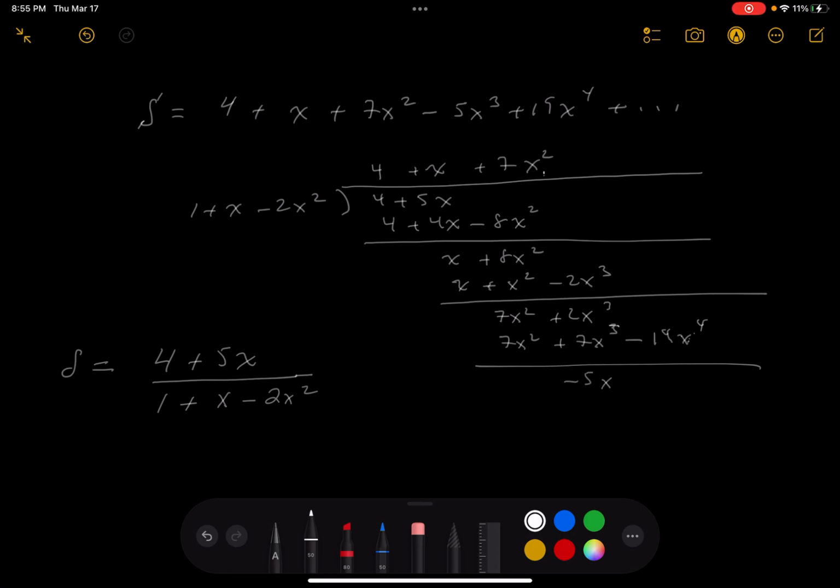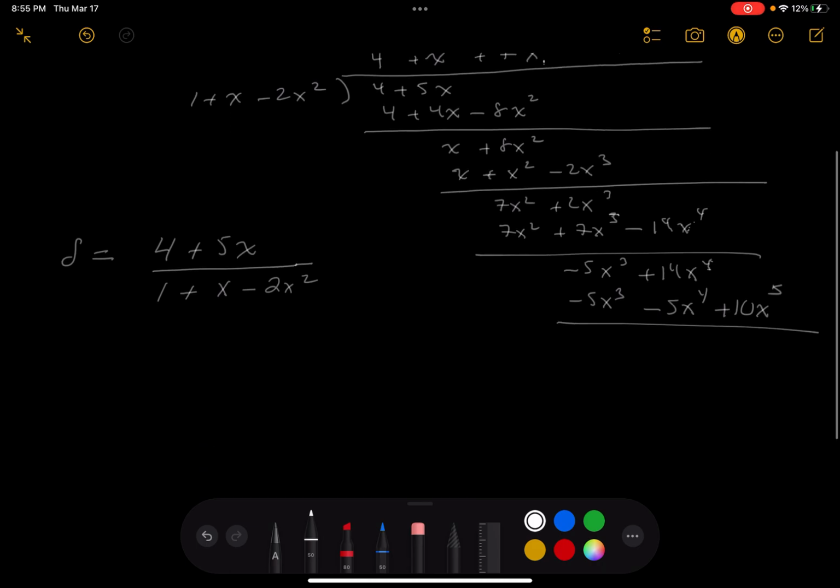Minus 5x cubed. Let's see, plus 14x to the fourth. Well, minus 5x cubed now. What do you get there? Minus 5x cubed. And then what do you get? Minus 5x to the fourth. And then you get plus 10x to the fifth.